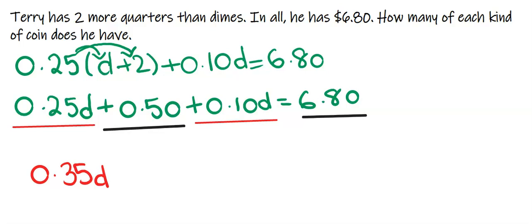Now we have to bring 0.50 onto the other side of the equation. So since we're adding right here, we're going to subtract to bring it to the other side of the equation. And whatever we do on one side of the equation, we have to do on the other. So we'll also subtract 0.50 on this side.